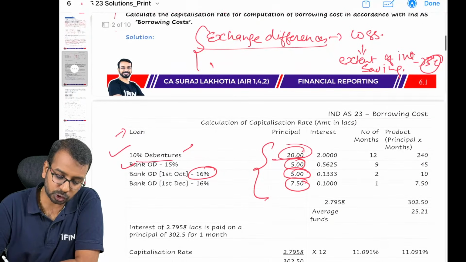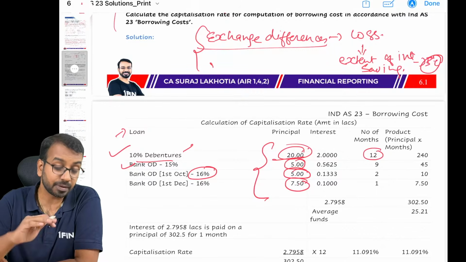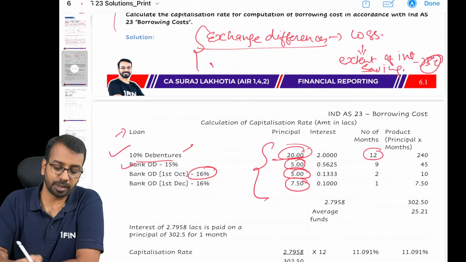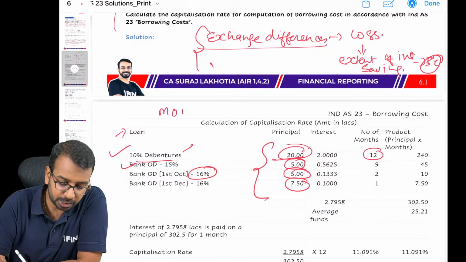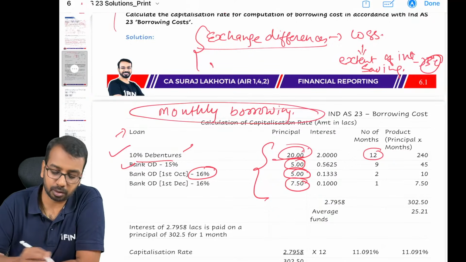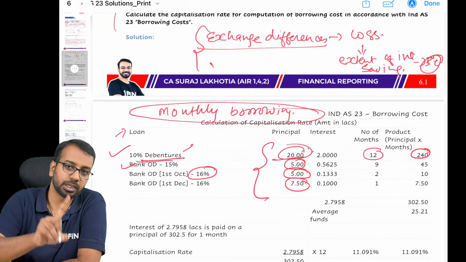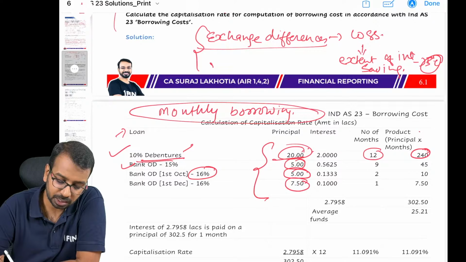So 10% debentures 20, number of months is 12. So what are we doing? Whenever we have in-between borrowings, we calculate the equated monthly borrowing. So 10% debentures 240 per month. If it is 20 for the year, 240 for the month. 5 into 9, 45, 10, 7.5.